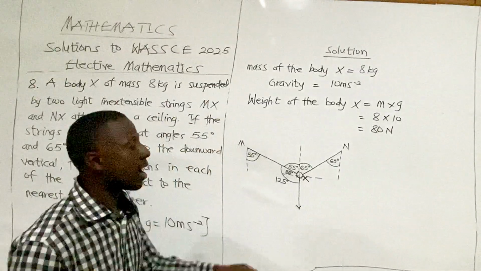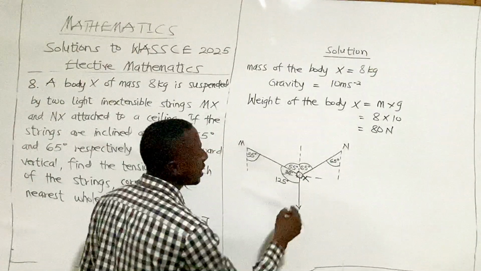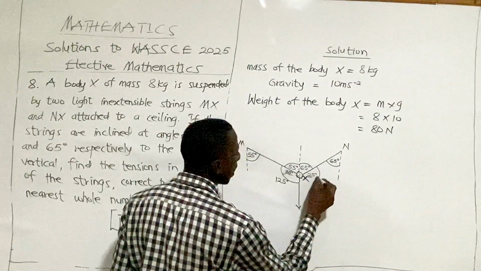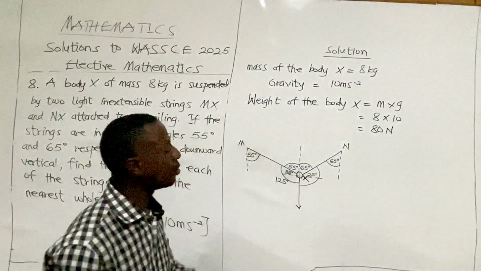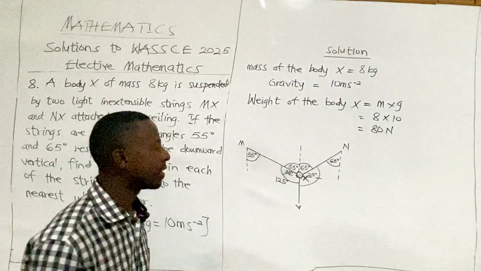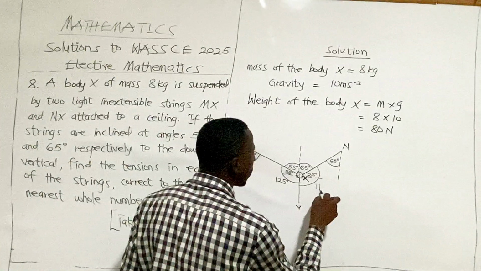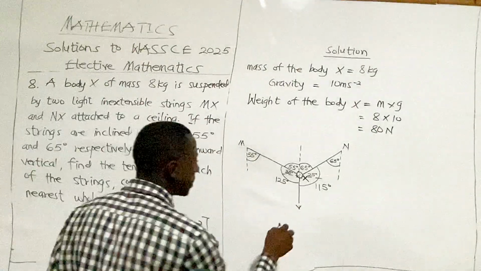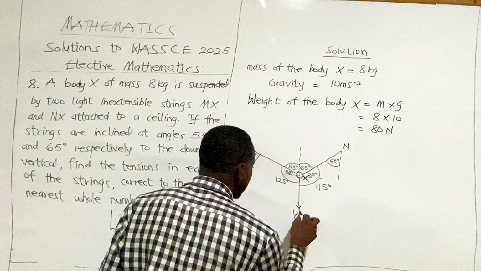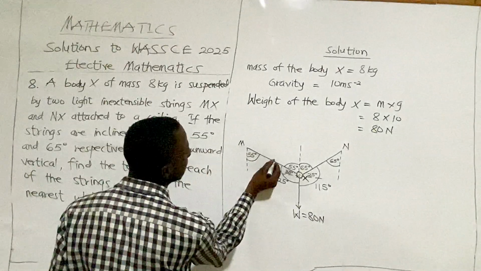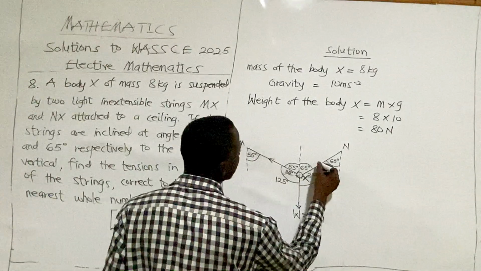If this angle here is 65, then it will leave 25 degrees. So the whole angle here is 25 plus 90 degrees, and we have 115 degrees. Don't forget that the weight is equal to 80 newtons and there are tensions in the strings.